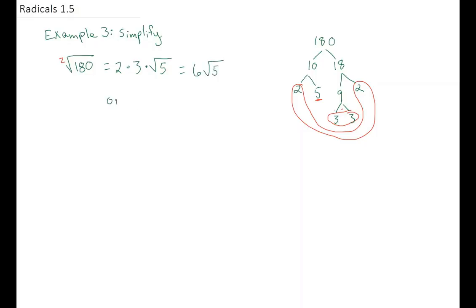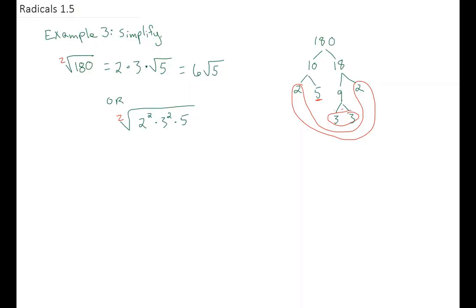Written the other way that I've been writing it, this would look like the square root of 2 squared times 3 squared times 5. Now, since I have an index of 2, my index of 2 is going to cancel out the squares. That's how squaring and square roots cancel each other out.